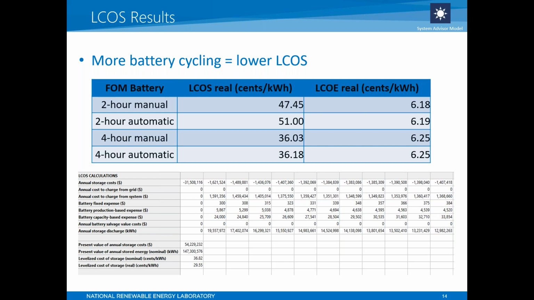So you can see for both the 2-hour and 4-hour battery cases, the LCOS is a little bit lower for the manual cases because there is more battery cycling and thus more energy discharge from the battery. But you can see in the right-hand column, this does not have a big effect on the overall LCOE of the PV plus the battery system.